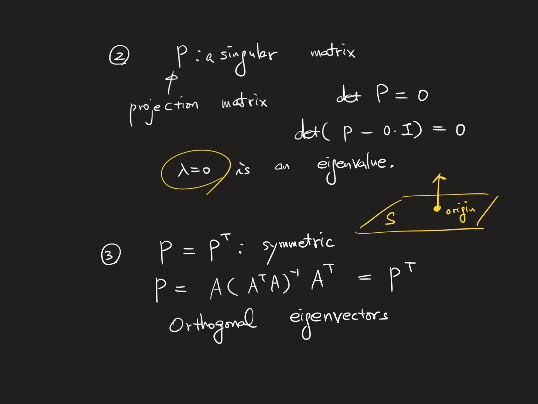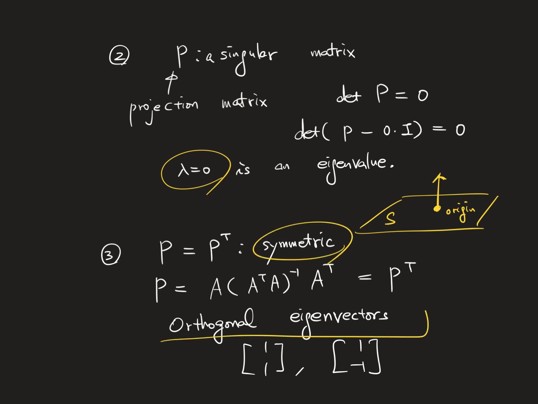In this example, we have two eigenvectors, one is 1, 1, and the other one is 1, minus 1. They're orthogonal, but in general, if we have a symmetric matrix, its eigenvectors will be orthogonal. This is a really important fact.